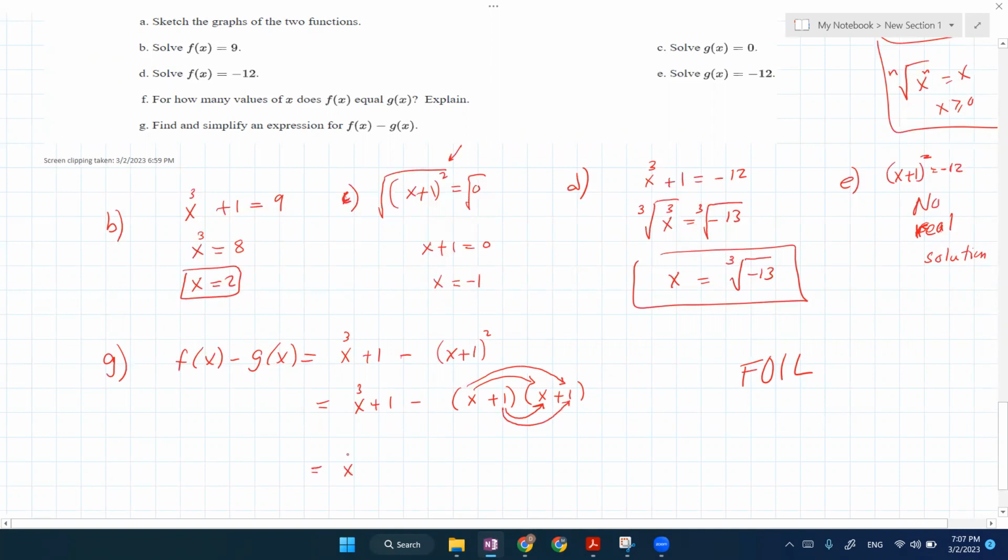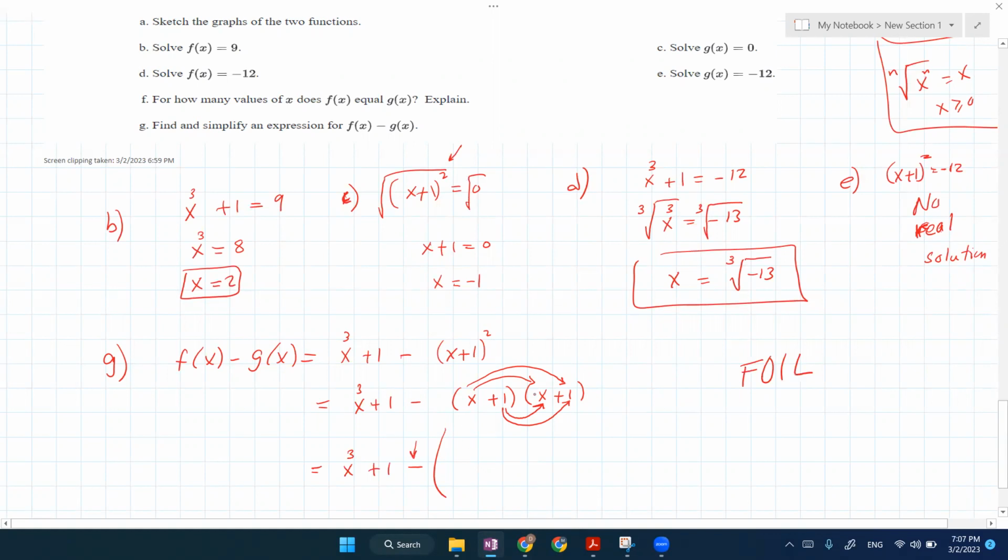So we get x cubed plus 1 minus, and I need to be careful here because this minus applies to the entire thing, all the terms. So I need to use big parentheses for the result. I want to make sure that this negative is distributed to each term that will result from the FOILing.